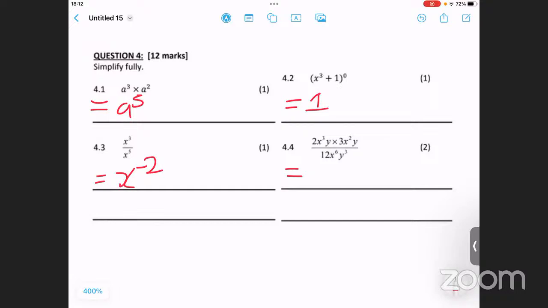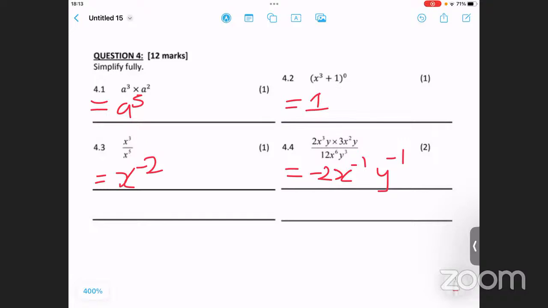Ma'am, will it be negative 2x to the power of negative 1, y to the power of negative 1? And this is going to be the final answer. Yes, ma'am. Okay.